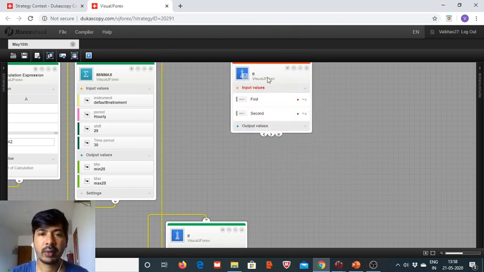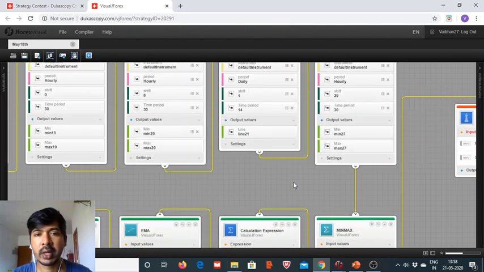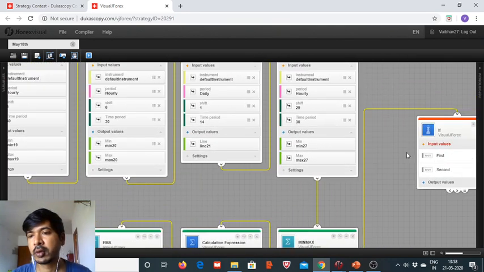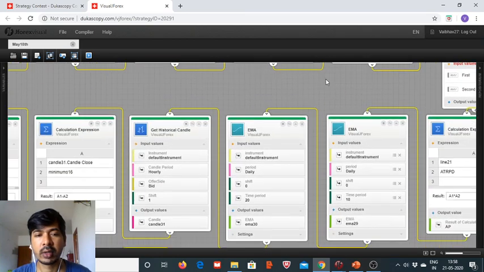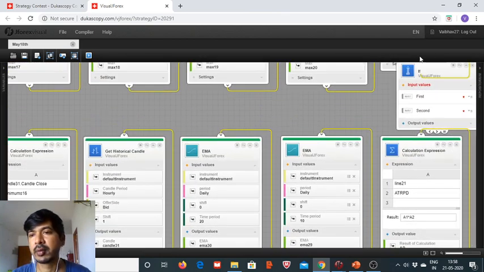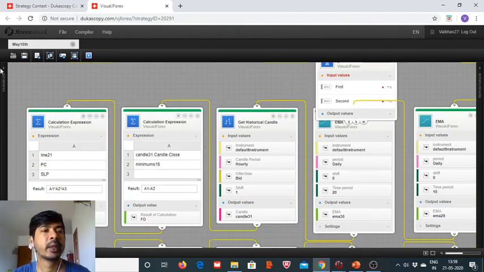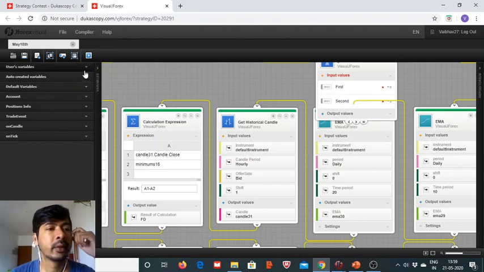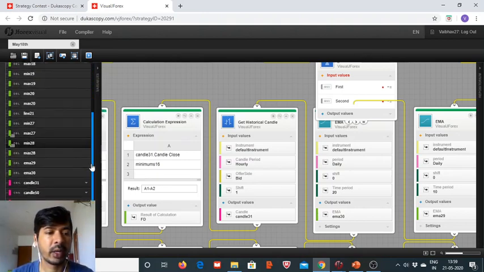And now hourly candle data, which needs to show that last hour has closed with losses. So we need to take a look at the candle 31's closing and opening level, and the candle 31 should be among the auto created variable.